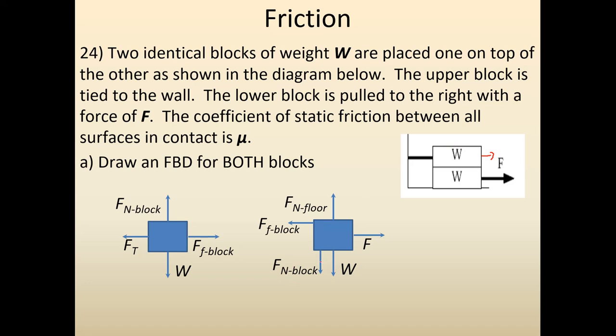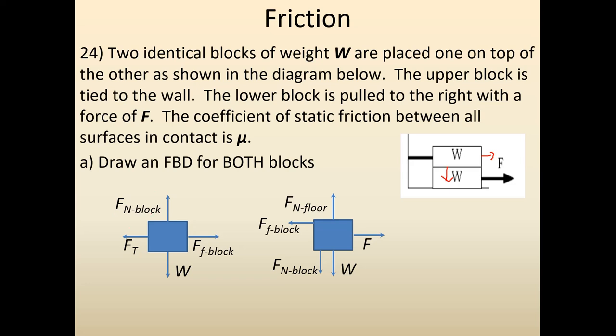Therefore, I know that there's going to be a normal force from the block pulling down. I know this also because it's in contact with what is considered another surface, and normal force will always push perpendicular to that surface.